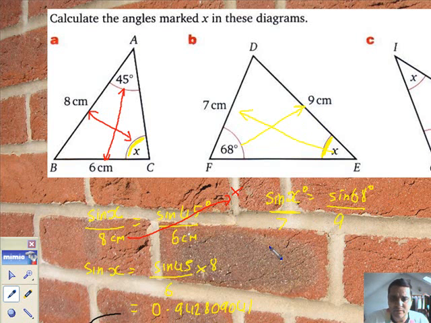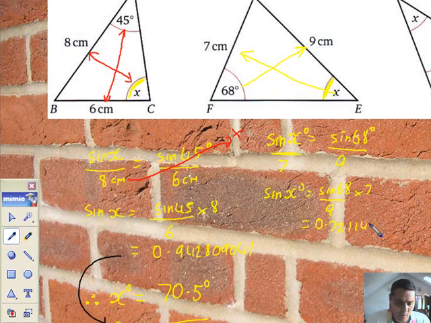So take the 7 over and multiply. Sine of X is going to be sine 68 over 9 times 7. Let's get an answer quickly. Sin 68 divided by 9 times 7 gives me 0.7211429998. May as well write it all, doesn't hurt.